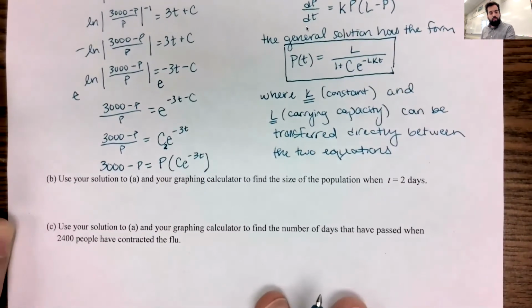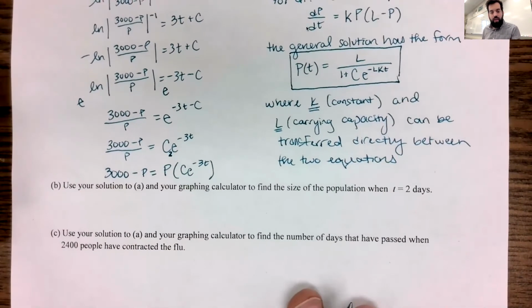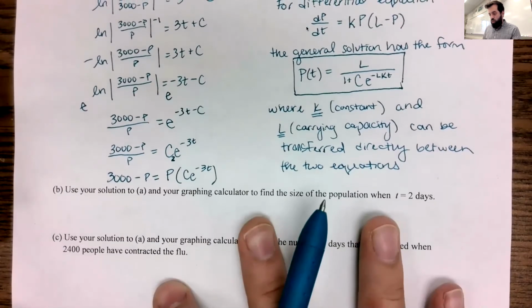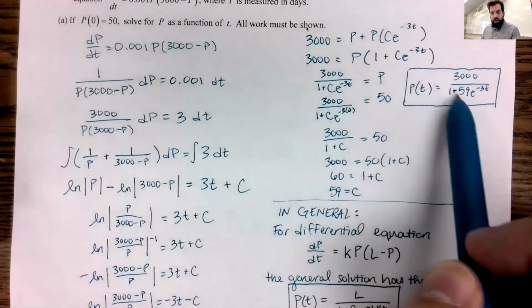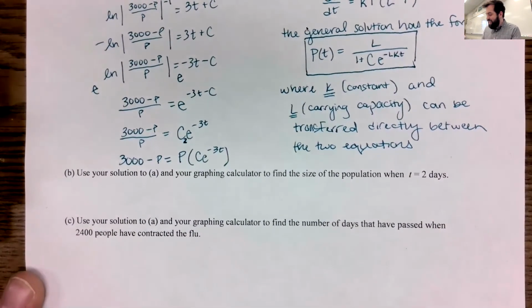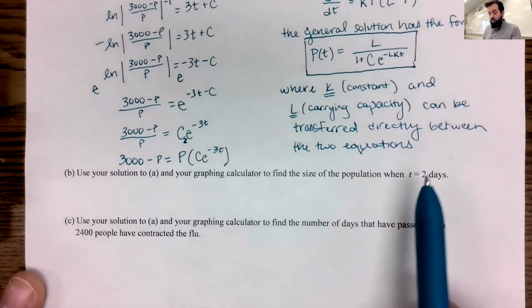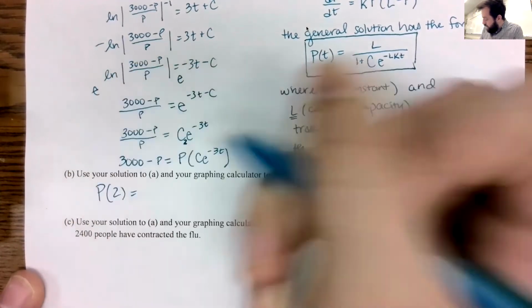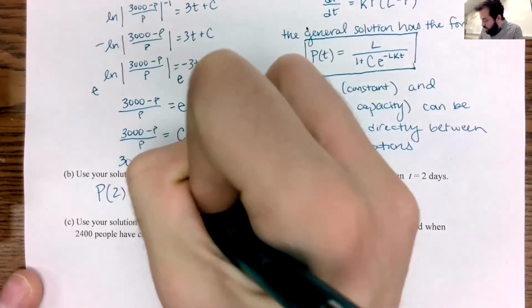So part B: use your solution to part A and your graphing calculator to find the size of the population when t equals 2 days. So we're going back to this example that we have up here. This is the model we're using. And t is number of days, and we're given t equals 2, so we're going to plug in 2. So we got P of 2, and all I'm doing is plugging in 2 for t.